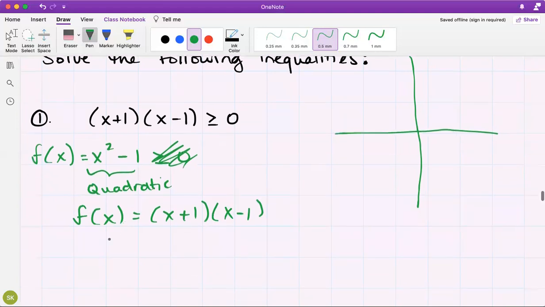Well, to find the x-intercepts, you set y equal to 0. So you get 0 is equal to x plus 1 times x minus 1. And you get that x is equal to negative 1 or 1, just by setting both of these equal to 0. Let's plot these points. So we have negative 1, 0, and 1, 0.